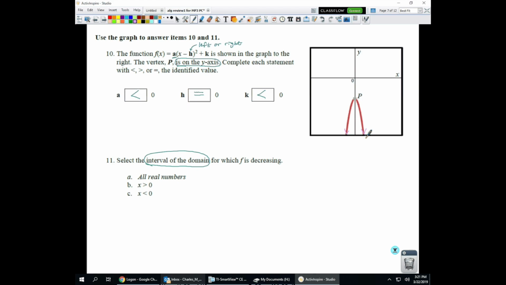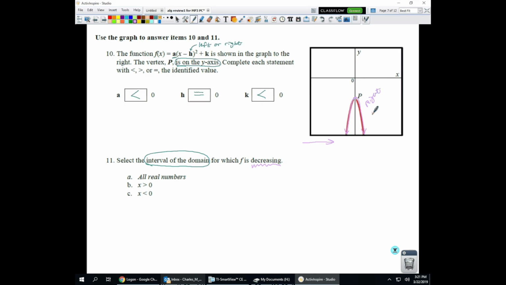But you don't read a graph from top to bottom, you read from left to right. So as I look from left to right, this first side of the parabola is increasing. Once I get to the vertex, the definition of a vertex is a point where the graph changes direction. It changes from increasing to decreasing. So if I'm asked which side of that parabola is decreasing, it's the right side.